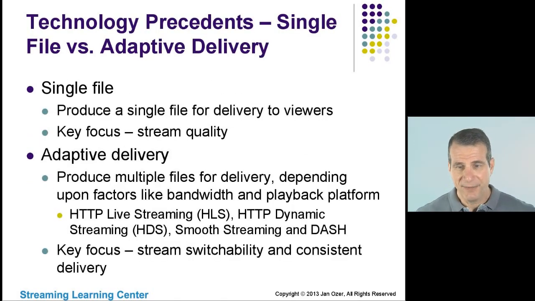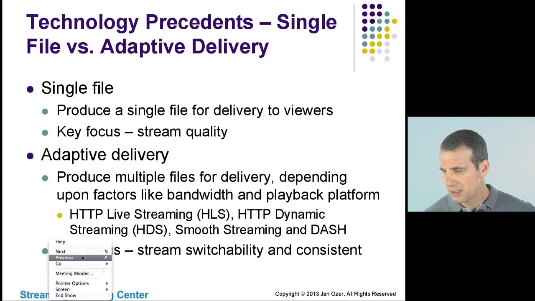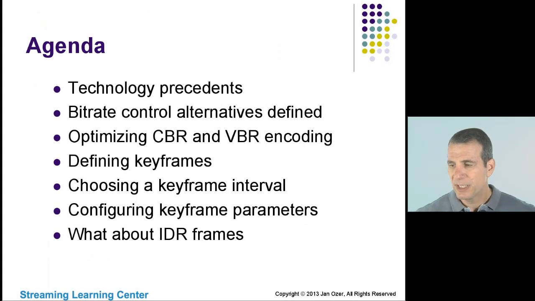Here's our agenda for today. We're going to talk a little bit about the differences between single file and adaptive delivery because that's key to both setting keyframe parameters and choosing a bitrate control technique. So we'll start there, and then we'll look at the bitrate control alternatives. We'll talk about what VBR is and how it differs from CBR.